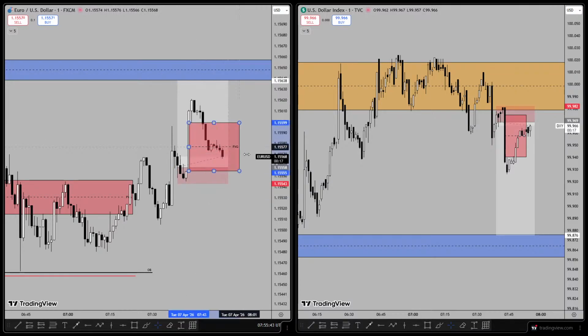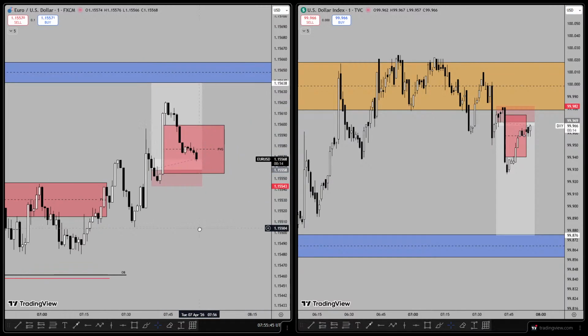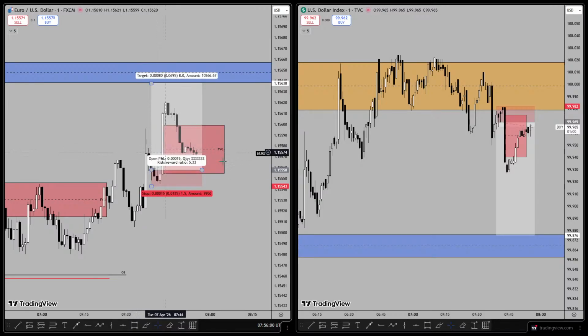Let's move this fair value gap. If there's going to be a turn in price, it should be from the order block, because that's the only support I'm looking at on Euro USD. It can actually pull price higher.